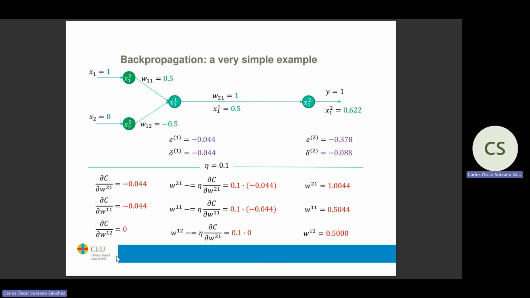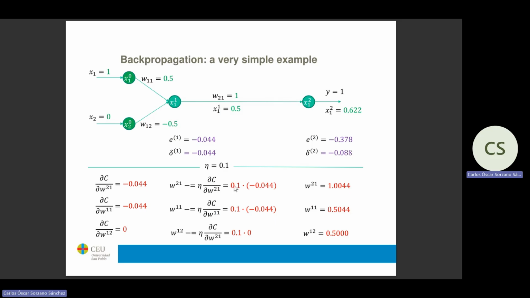And here we have them. And now we update the weights. So here I'm a little bit abusing the notation. This is kind of programming notation. So it is the current weight minus the gradient. And the gradient, let's say that my learning rate is 0.1. So we have all the derivatives here.